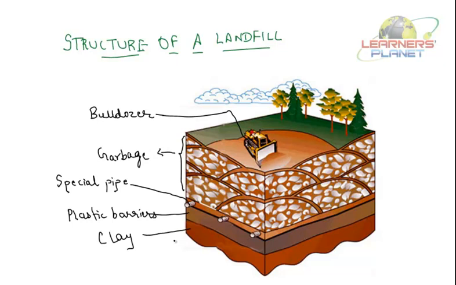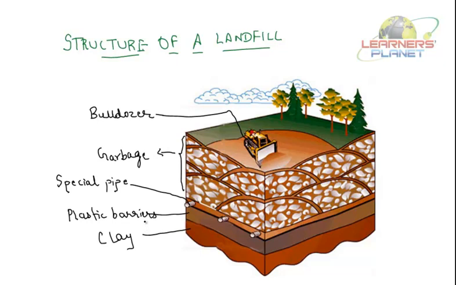Here clay and plastic barriers do not allow the garbage to mix with soil and groundwater, because if it mixes with soil and groundwater, and if we consume or use that groundwater, we can suffer from many fatal diseases.